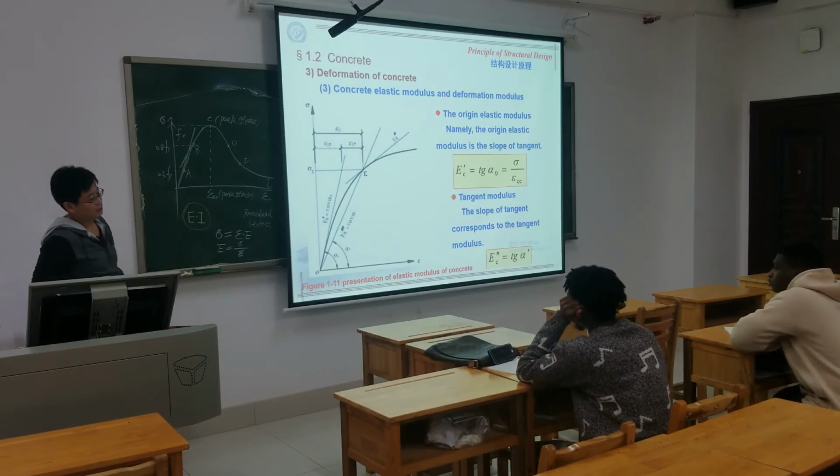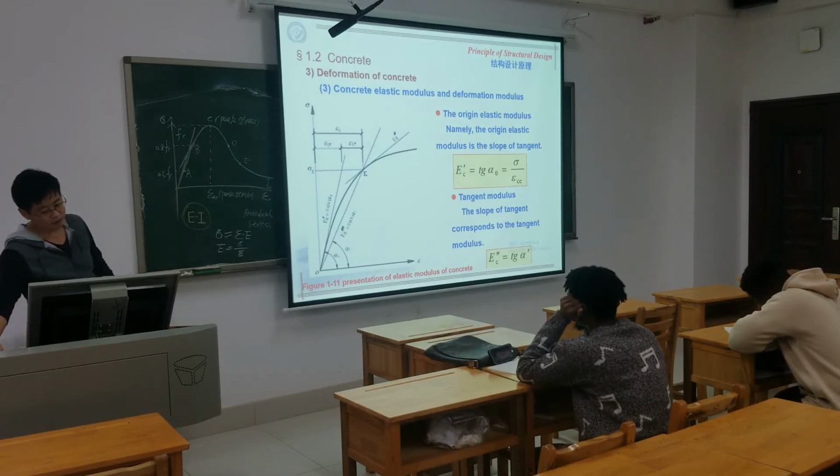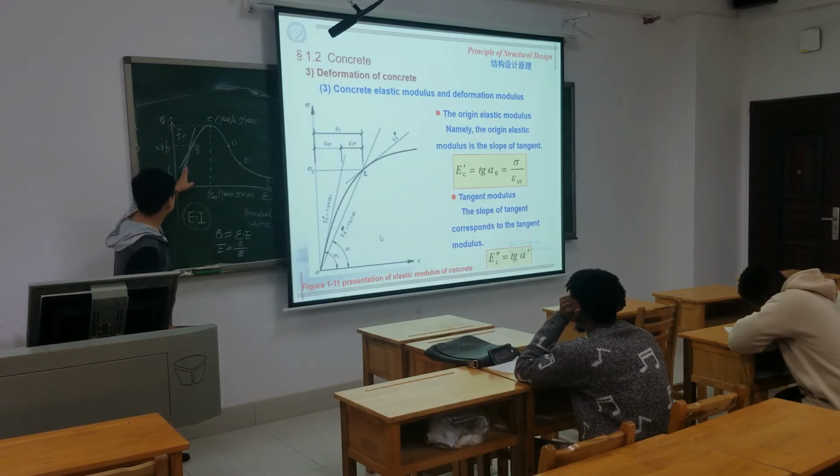You can choose any of them, depending on the situation. Sometimes in the textbook, the first value is the original elastic modulus. They get this tangent from the original point. Namely the original elastic modulus is the slope of the tangent at the origin, angle alpha.